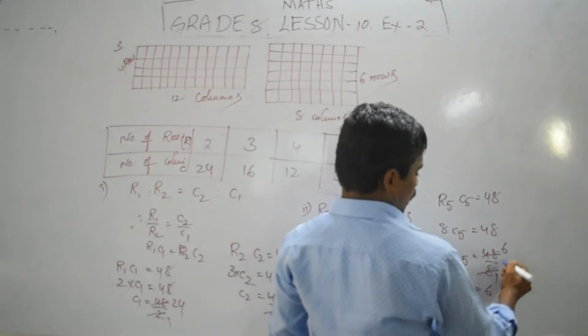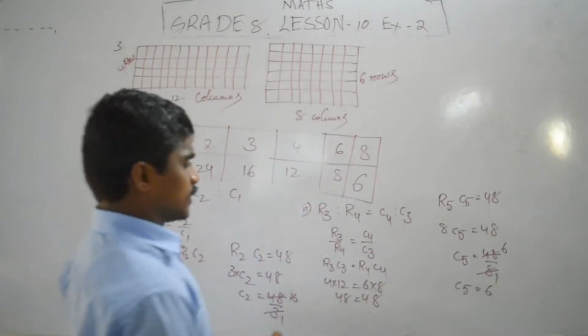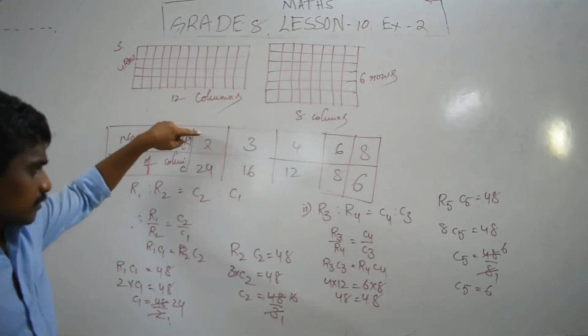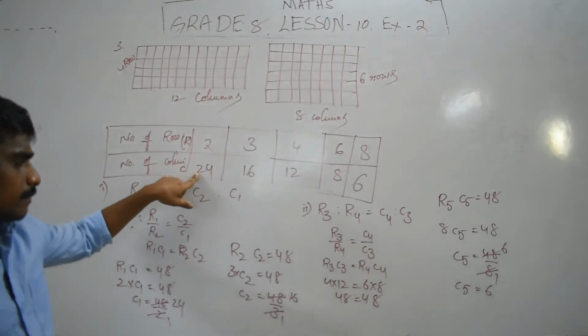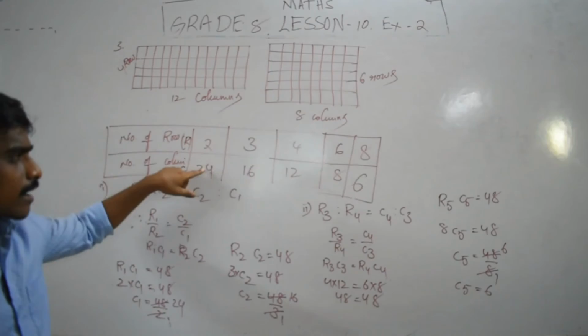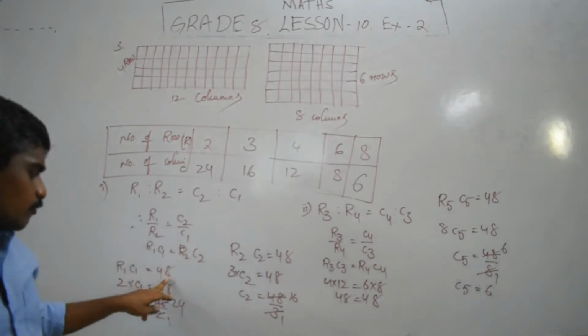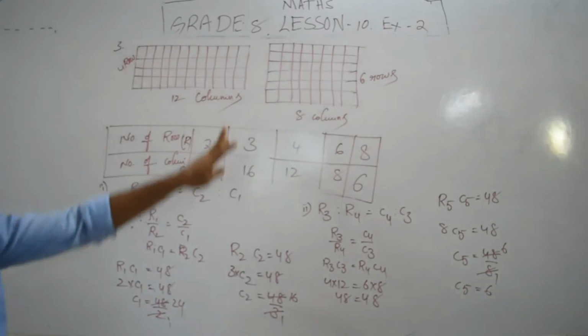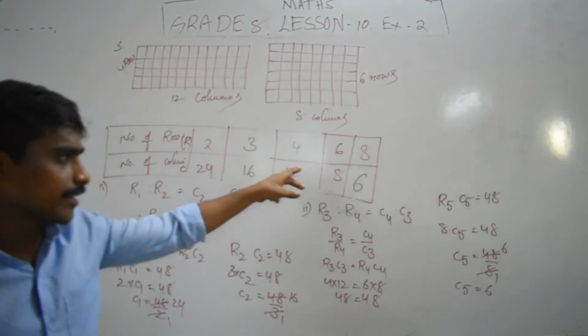So 8 6s are 48. C5 is 6. So these column and rows both multiplying, how much coming? 48. 12 4s are 48 boxes. So these all are equal.